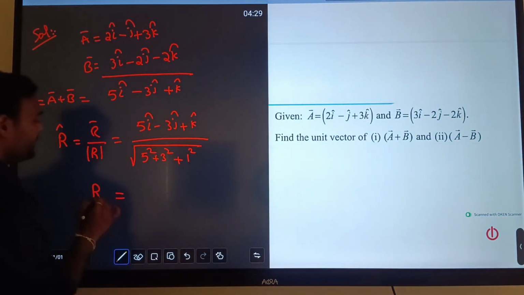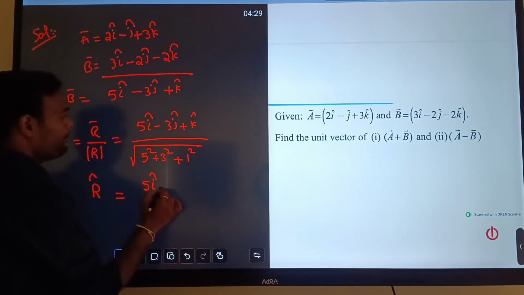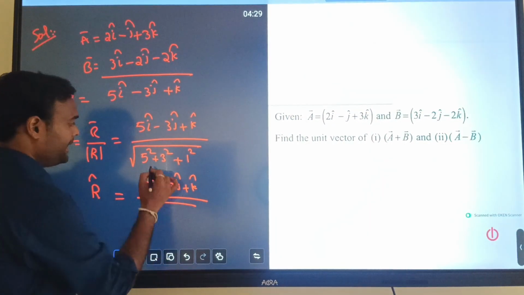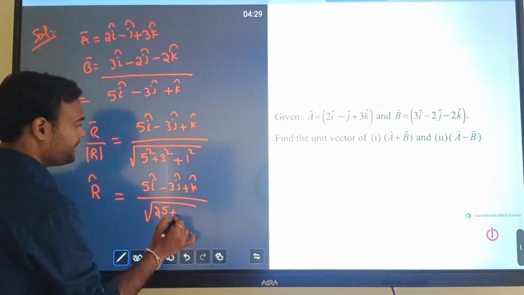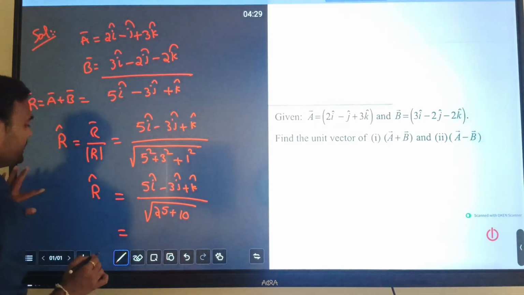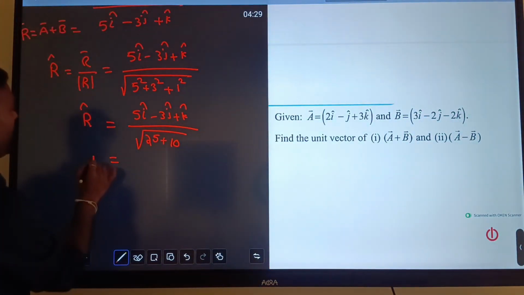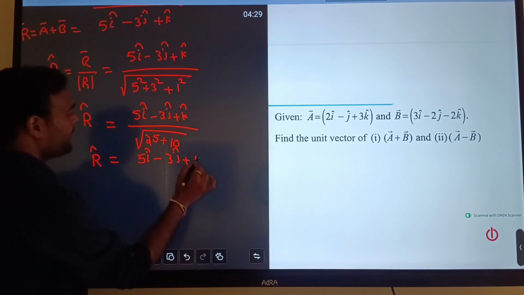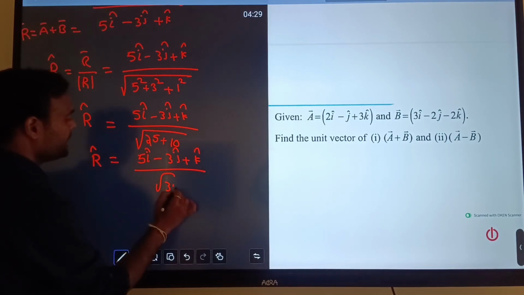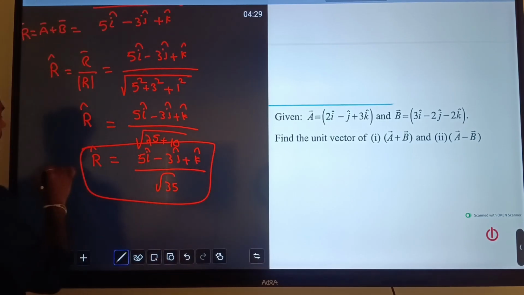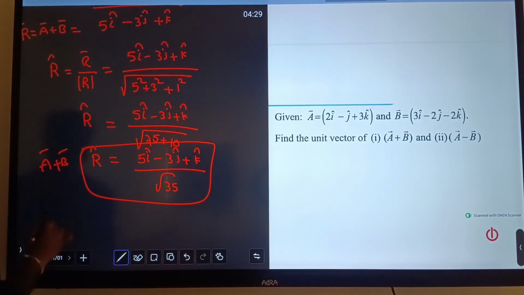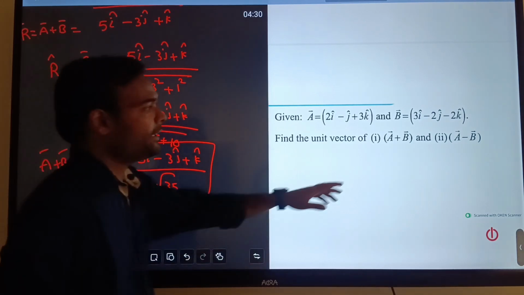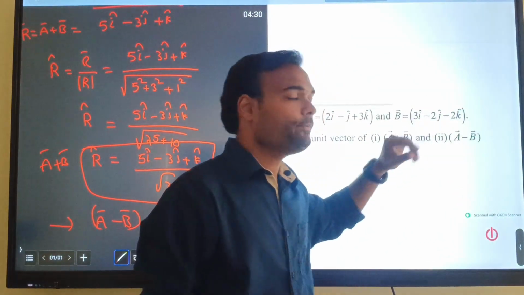Then the unit vector is (5i minus 3j plus k) by root of 25 plus 9 plus 1, which is equal to 35. That means r cap is (5i minus 3j plus k) by root 35. Here I found the answer for the a plus b case, and I am giving a minus b case to you as homework.